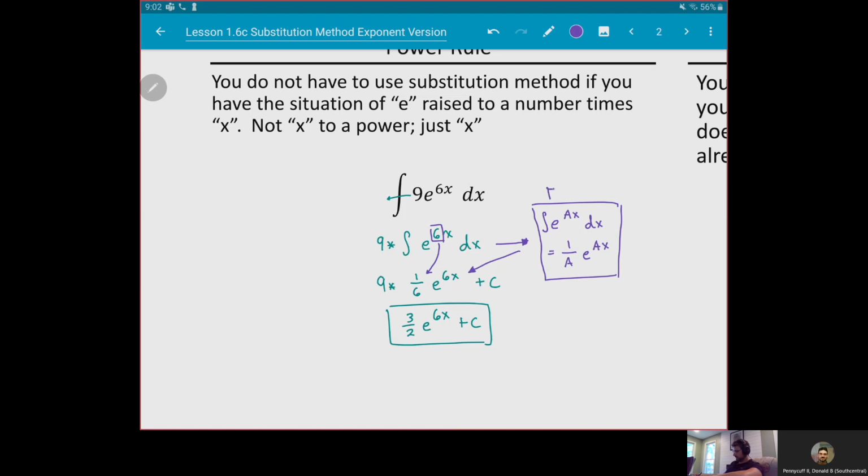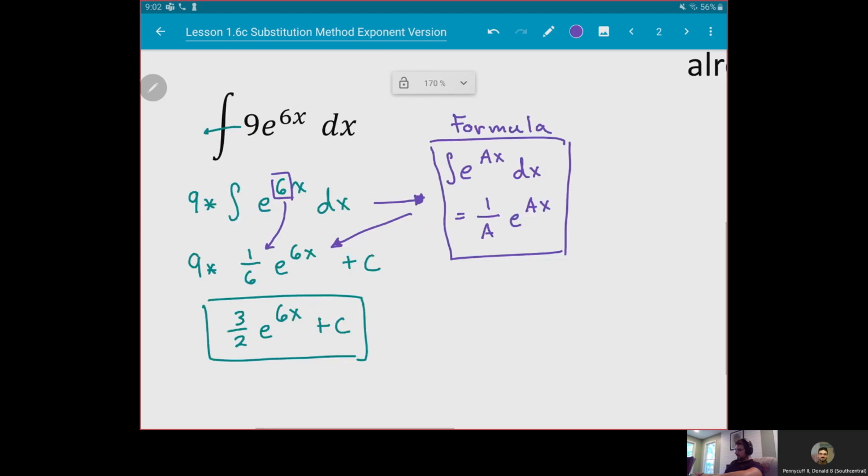Let me just write formula. The first, that x in the formula is not to the second power, or third, or fourth, or fifth, or whatever. So if you have e to a number times x, and that x has an exponent, you cannot use this formula. You have to do substitution method.